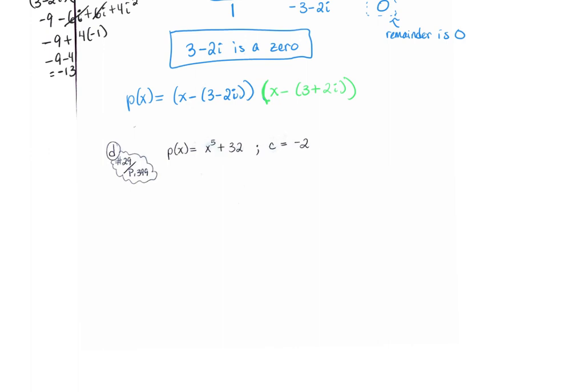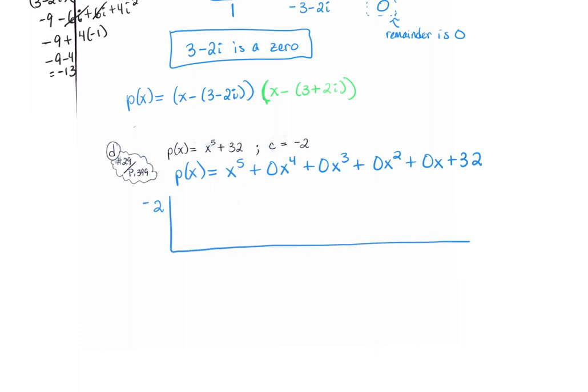And if you can identify that immediately, fine. If you need to write the following, do so. That means P of x is equal to x to the 5th plus 0 x to the 4th plus 0 x cubed plus 0 x squared plus 0 x plus 32. We're questioning if -2 is a 0, so in other words, is x plus 2 a factor?